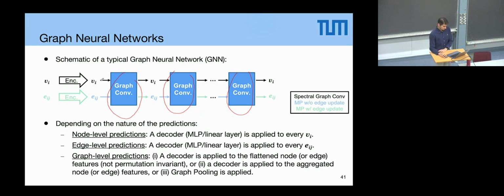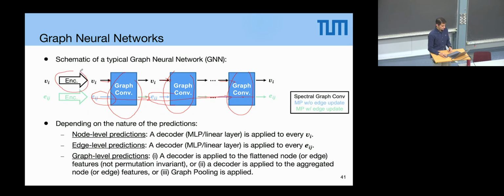Each of these blocks takes as input node features. If we are working with message passing, then we also have edge features as input. And if we are using an edge update function instead of just updating the nodes, these edge features actually come from previous layers. So we also have depth along the edges.